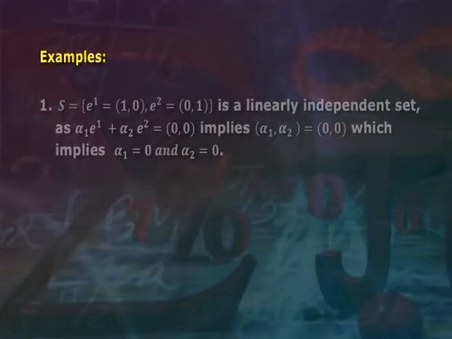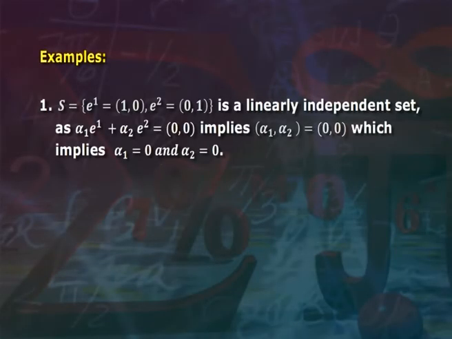Examples: 1. S equal to {e1, e2}, where e1 is equal to (1, 0), e2 equal to (0, 1), is a linearly independent set, as alpha 1 e1 plus alpha 2 e2 equal to (0, 0) implies (alpha 1, alpha 2) equal to (0, 0), which implies alpha 1 equal to 0 and alpha 2 equal to 0.